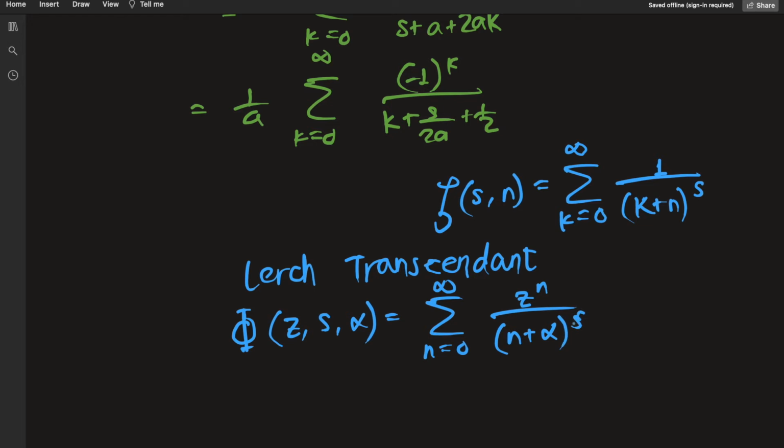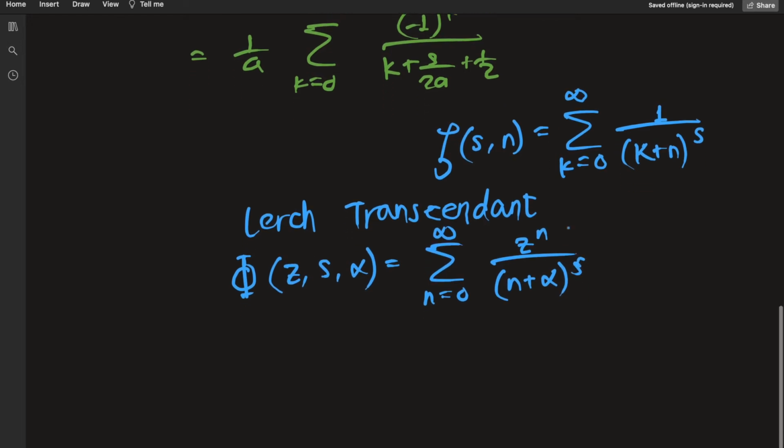So you see, it's generalized in such a way that now we have this argument on top, this z to the n, such that when z is 1, you get the Hurwitz-Zeta function again.